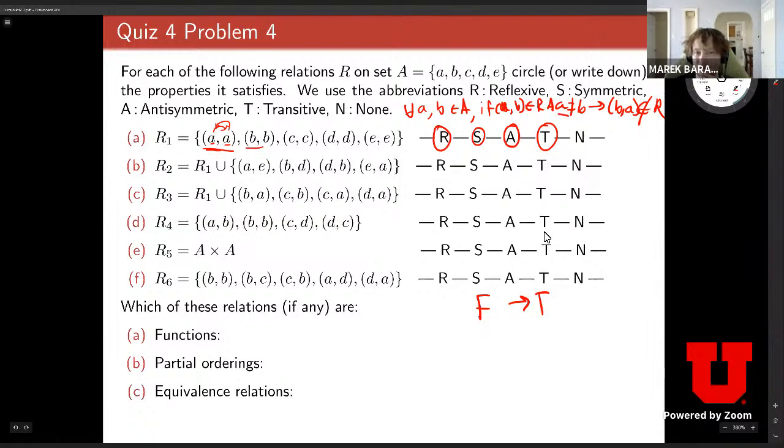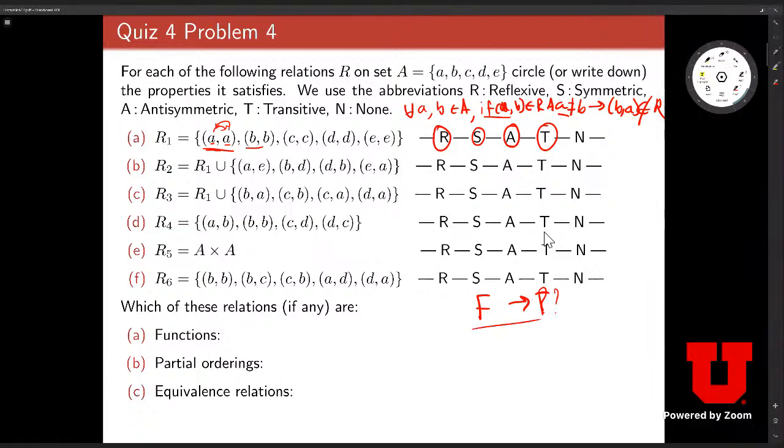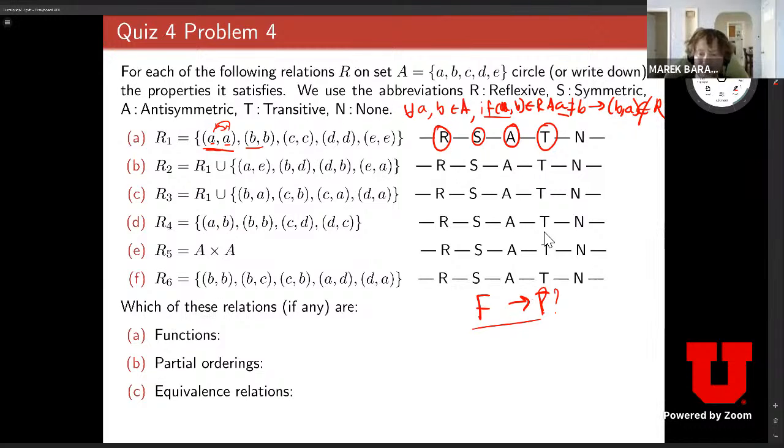Because A not equal to B is false for each of these. So in this implication, we have false implies something, which is always true. Does that make sense? Not really. I think I get it.